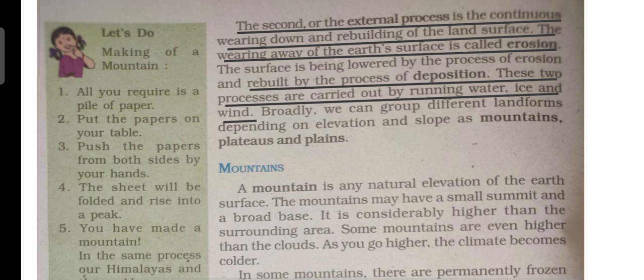Now, on the basis of elevation and slope, we can categorize the landforms as mountains, plateaus, and plains. And about these three landforms we will study in this lesson. So we will study about mountains, plateaus and plains in this chapter.